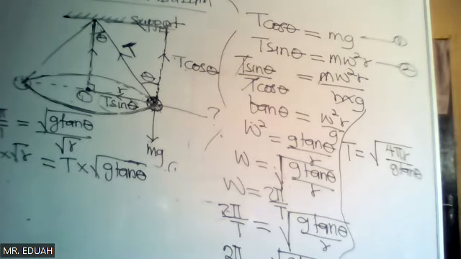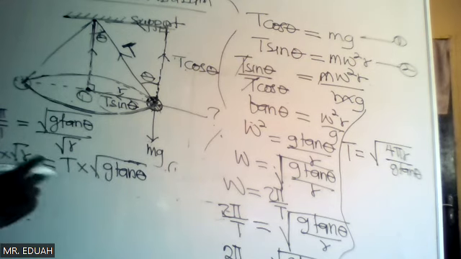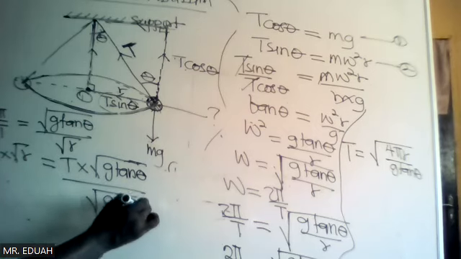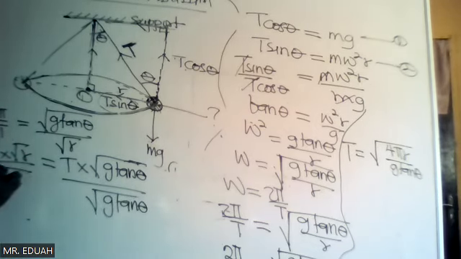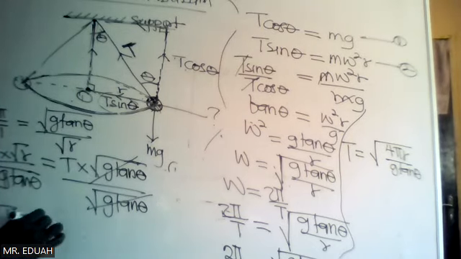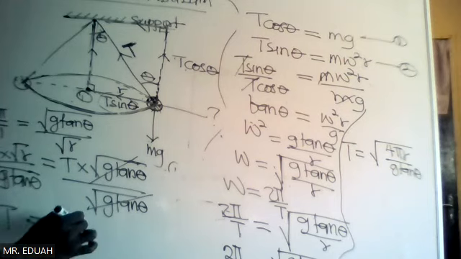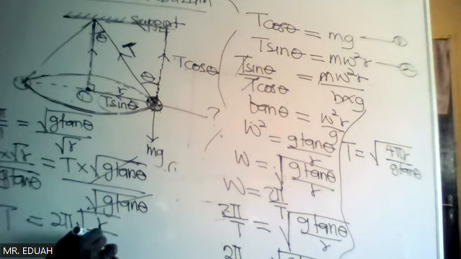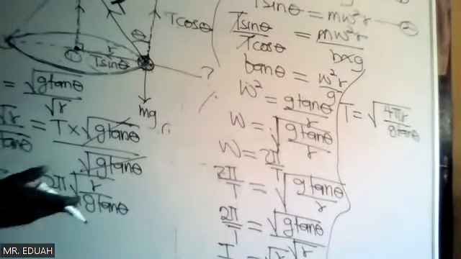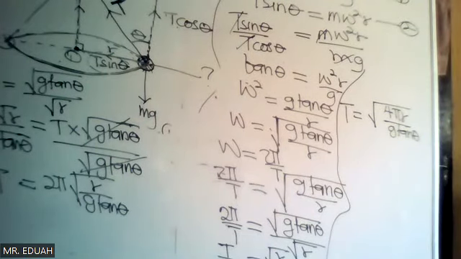If I'm making T the subject, I divide through by root of g tan theta, so that this and this will cancel. T therefore is equal to 2 pi times root of R divided by g tan theta. The same as what I had. So if I'm going by your step, this is how I have to get it.